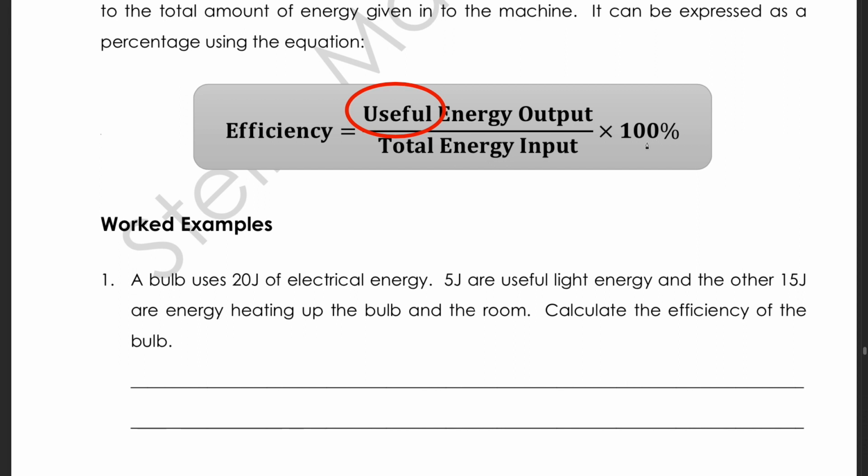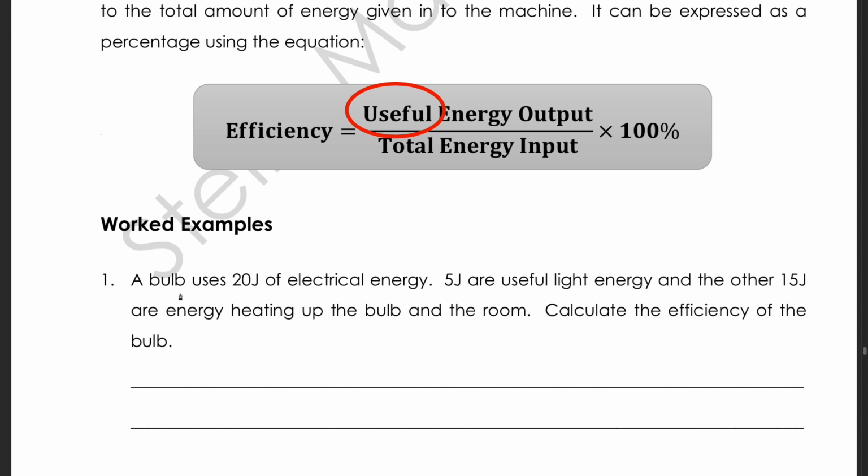Let's work out a couple of examples to see how this equation can be used. Worked examples. Number 1. A bulb uses 20 joules of electrical energy. 5 joules are useful light energy, and the other 15 joules are energy heating up the bulb and the room. Calculate the efficiency of the bulb.